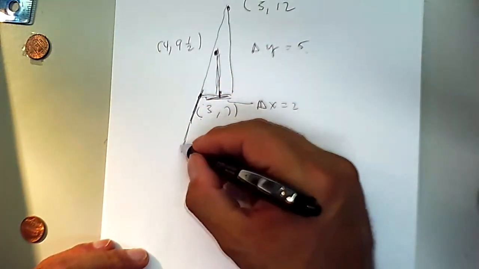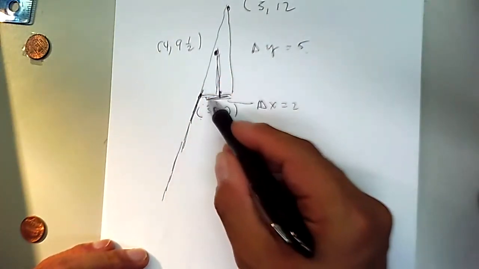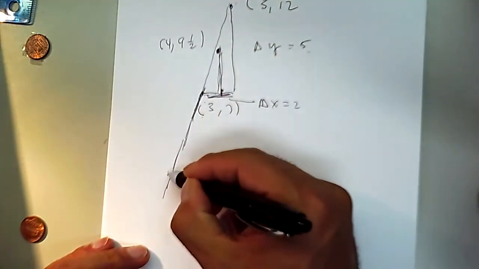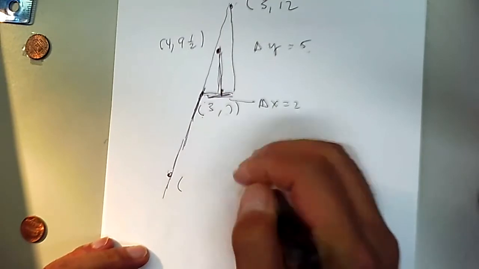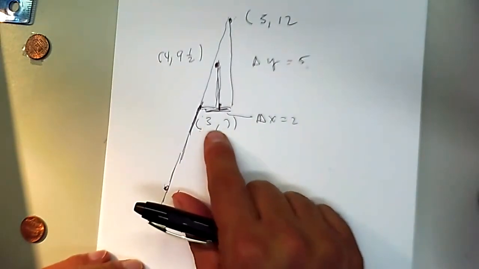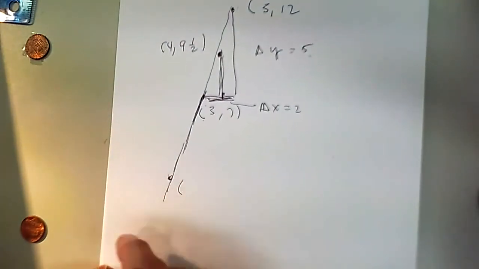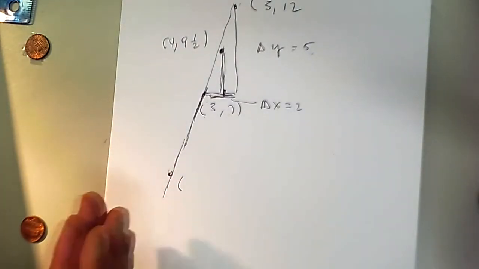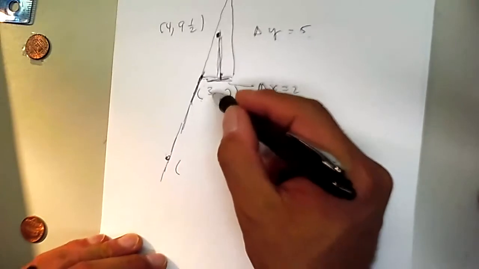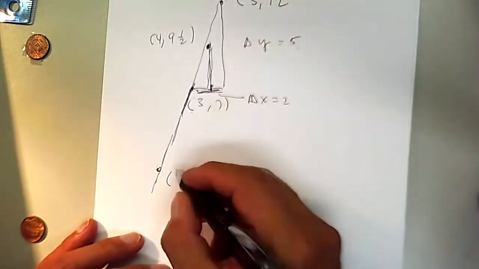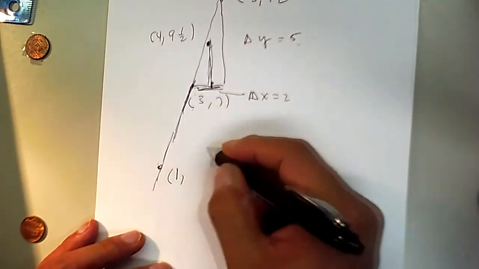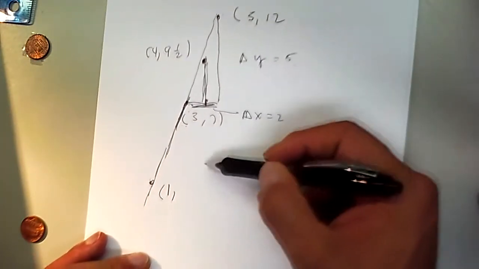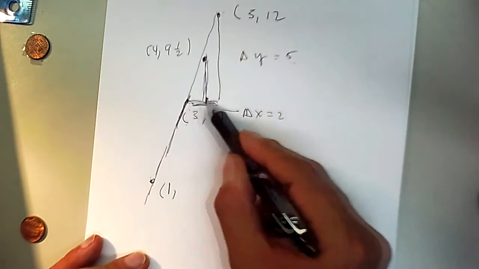So if we go 2 units to the left and we follow this pattern, I was going to go only 1 unit, but I want to get to 0. That's where I want to start. Where does the output start when the input is 0? So I'm going back to 1, and using this pattern of going up by 5 every 2 units that we go across.